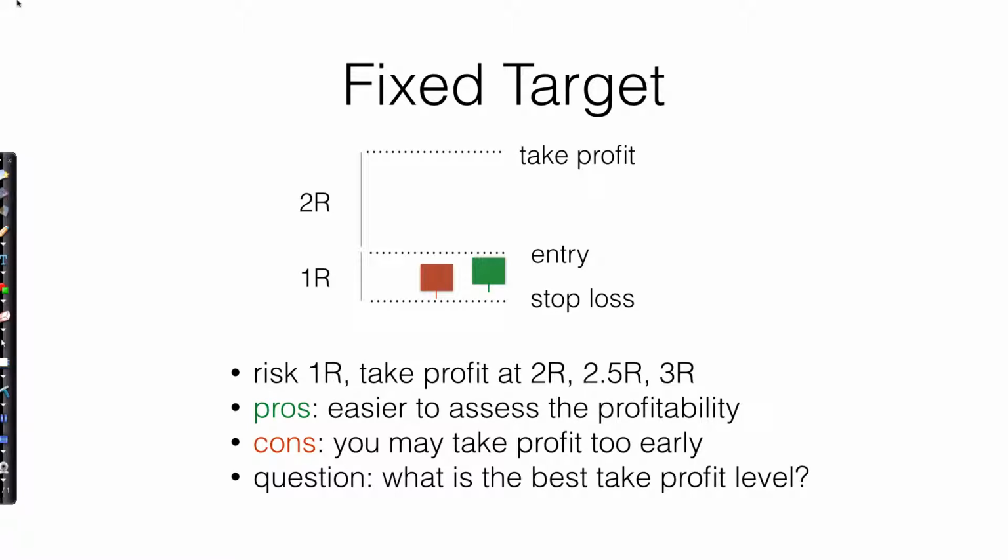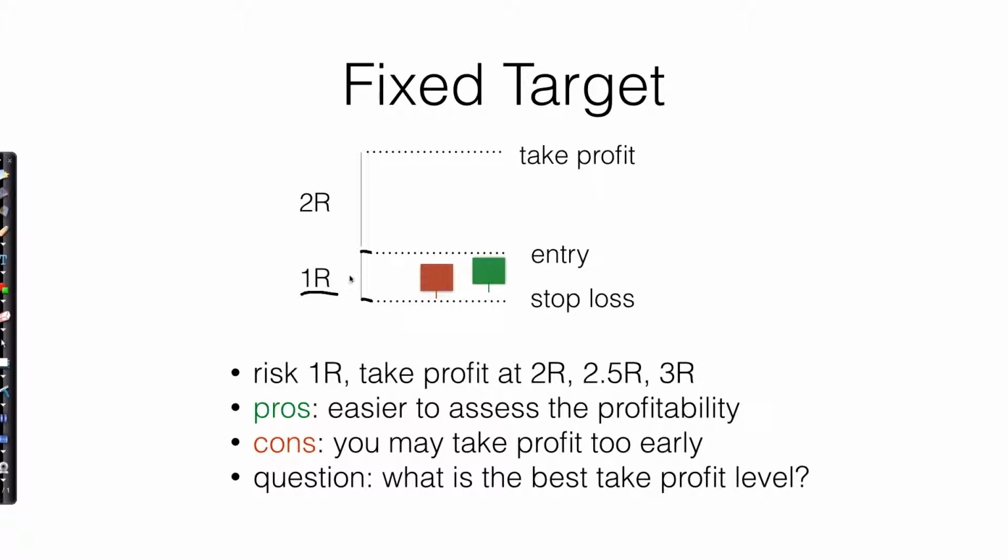Probably you heard this already. Maybe they call this R with some other symbol, but the main idea is very simple. The idea is that I risk 1 R, so my 1 R is my unit of risk. What does it mean? If I buy at this level and my stop loss is here, this is my 1 R, the distance between entry and stop loss.